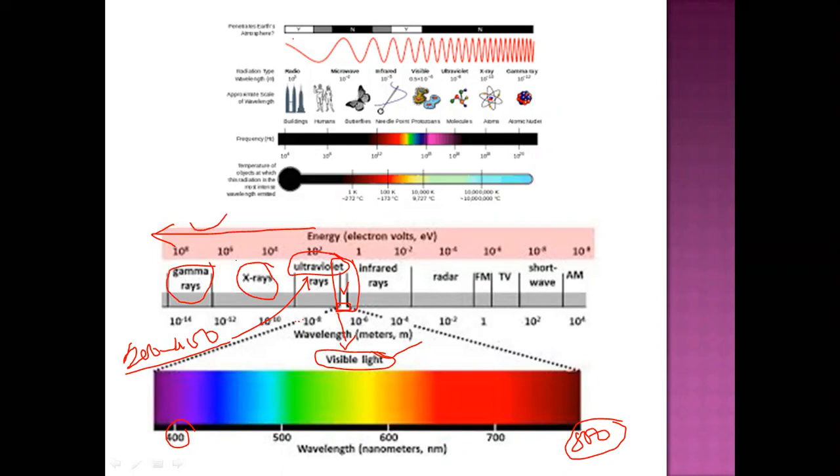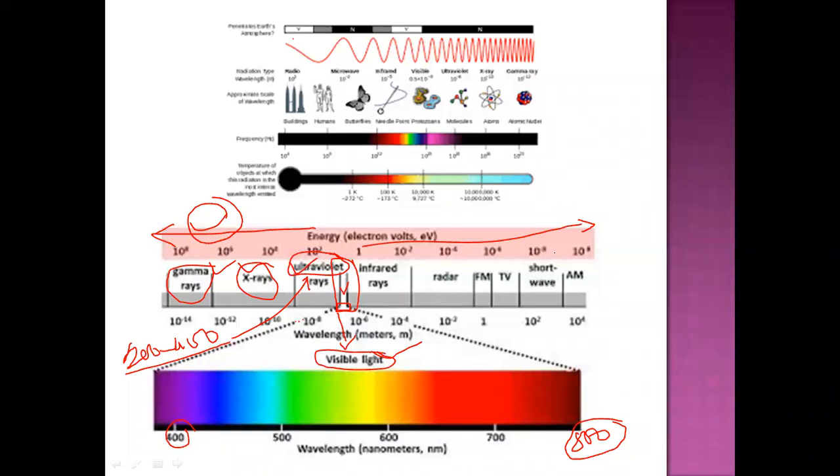That's why when we come in contact with gamma ray, X-ray, or UV light, we get a very hazardous, very dangerous effect on our body. This is all because of higher energy. And when we go from visible radiation to this side, the wavelength goes on decreasing.